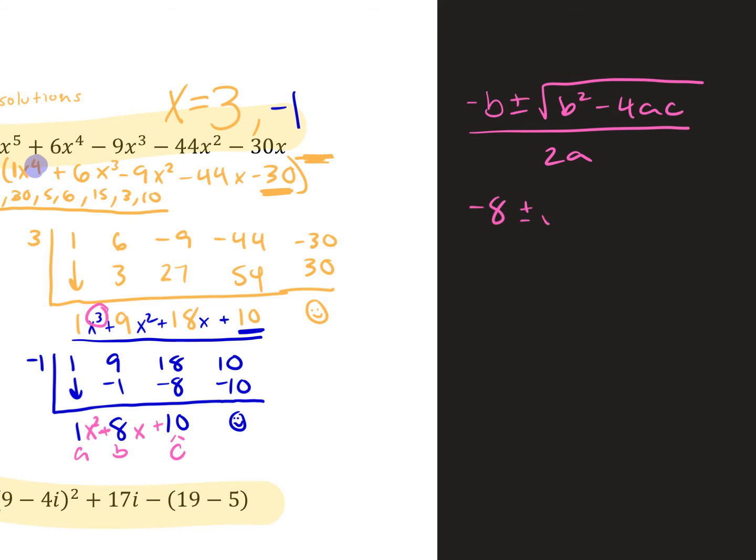Negative 8 plus or minus the square root of b squared would be 64, minus 4 times 1 times 10, which would be negative 40, over 2 times 1, which is just 2.